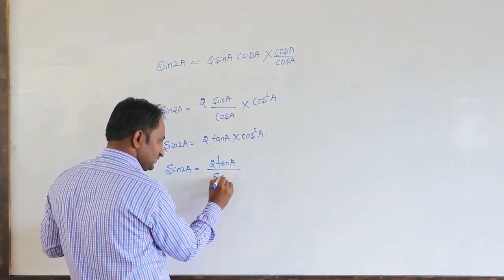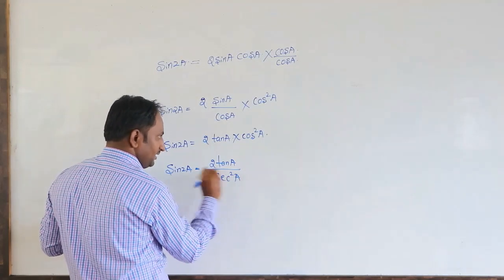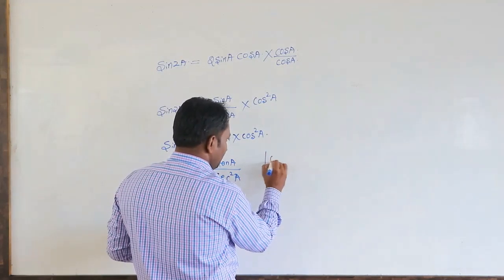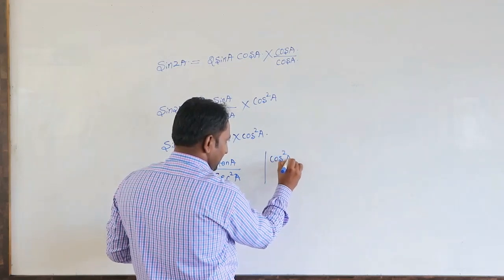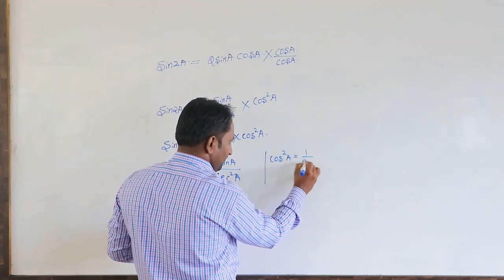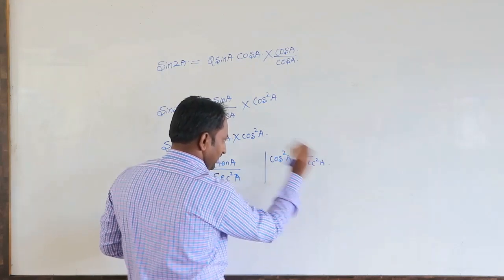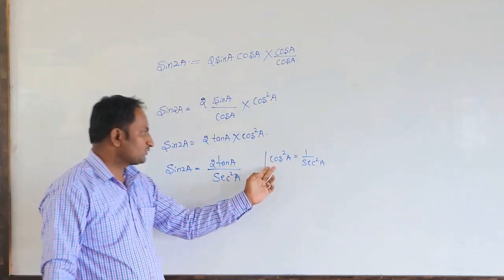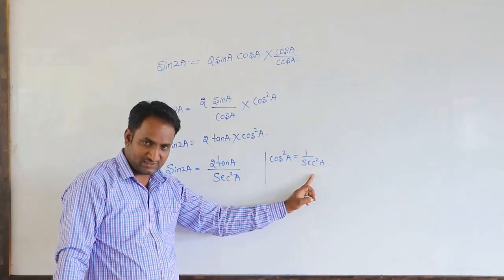Here cos square a can be expressed in the form of 1 divided by sec square a. That's why cos square a is 1 divided by sec square a.